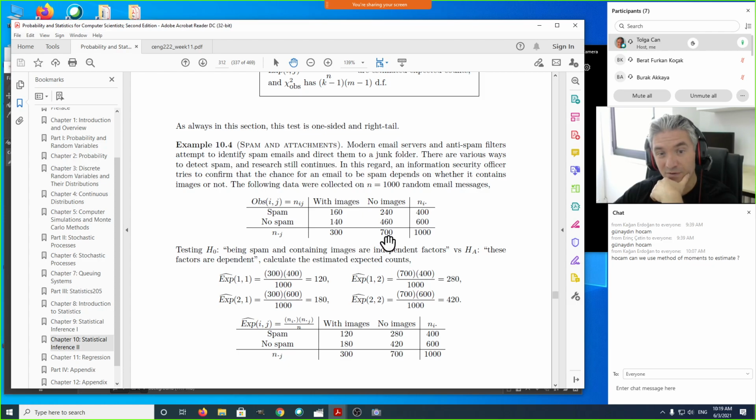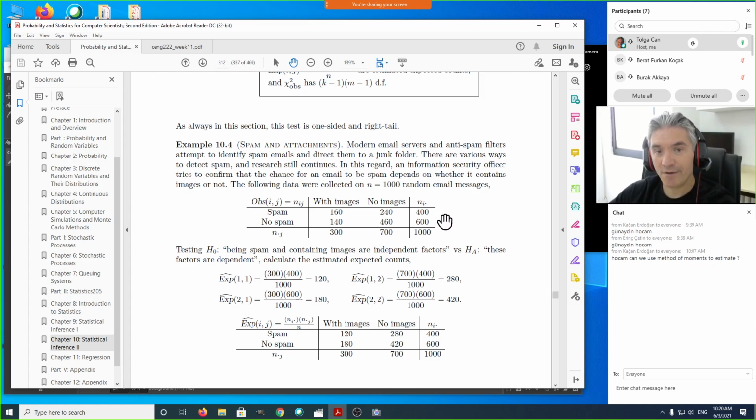So for these two random variables, the probability that an email has an image attachment is 0.3. The probability that it has no image attachment, regardless of whether it's spam or not, is 0.7. Being spam is 0.4, being not spam is 0.6.